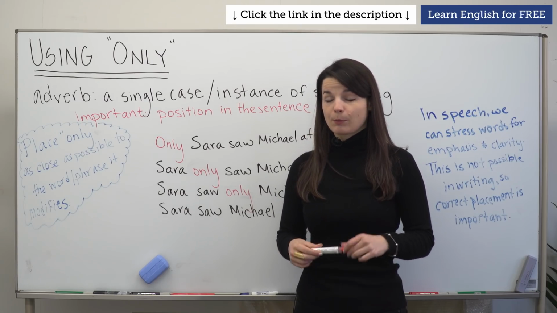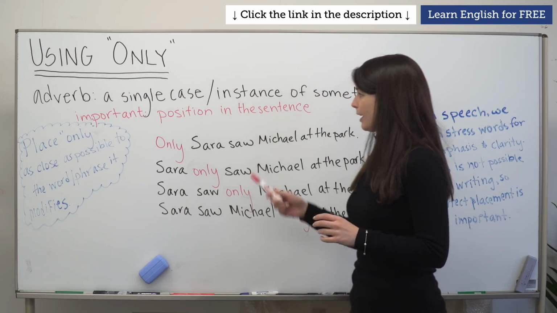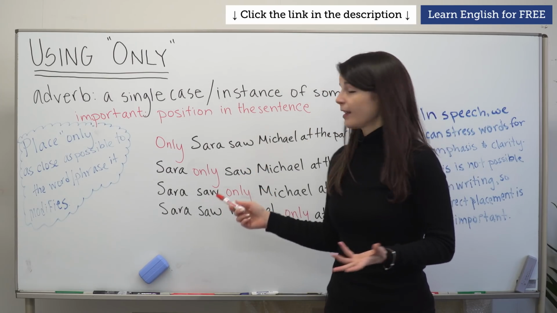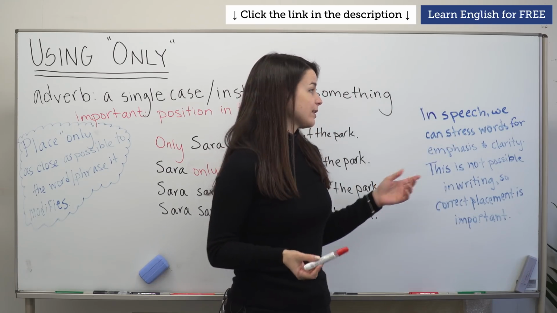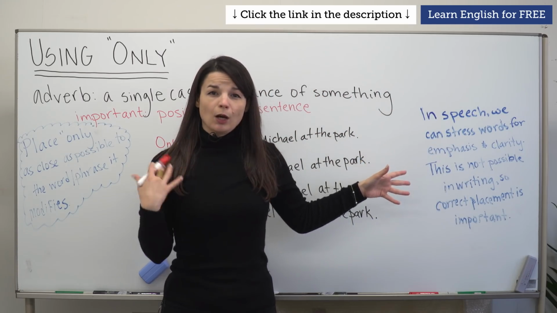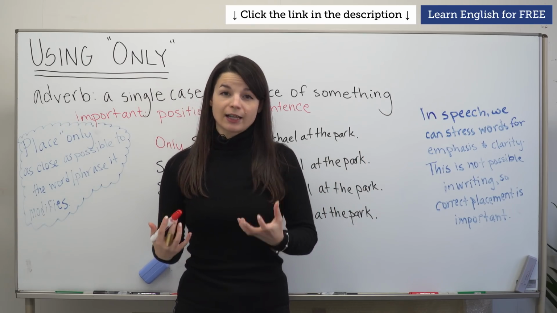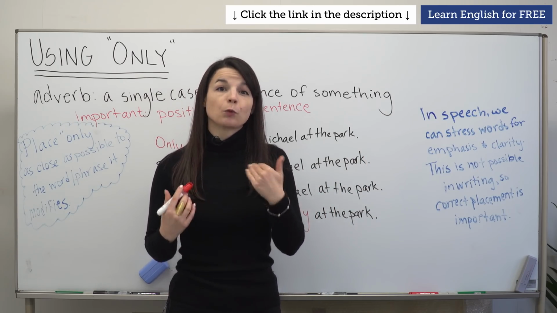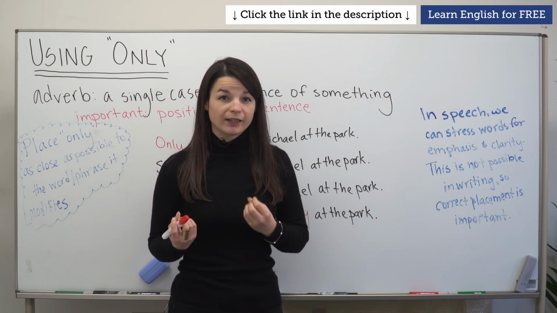So it's important to keep in mind. Another thing that I've done throughout this lesson a little bit is I've emphasized with my voice the word that only is modifying. But I want to make one more point here. In speech, when we're actually speaking, we can stress words for emphasis and for clarity, to make it very clear which word in the sentence we want to emphasize, which word we want only to modify.